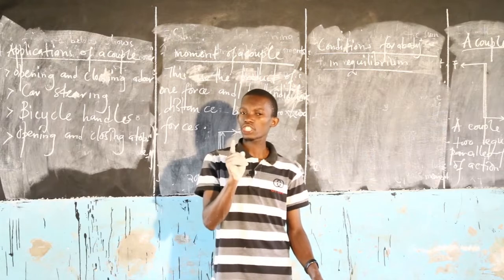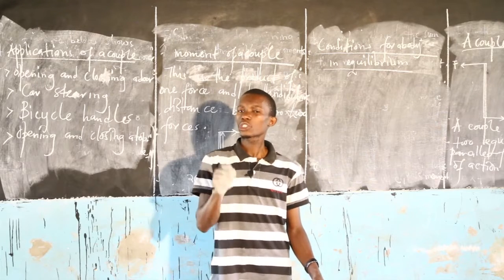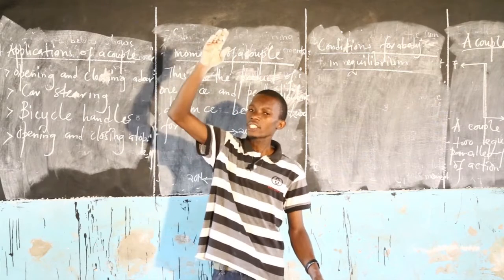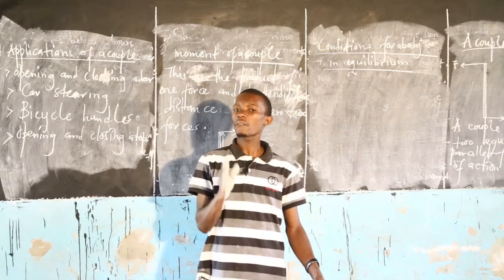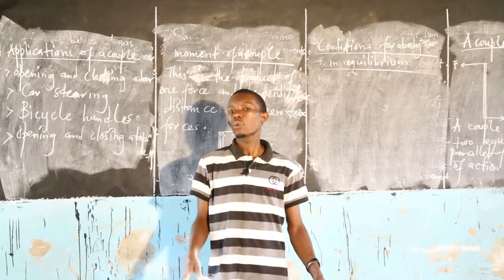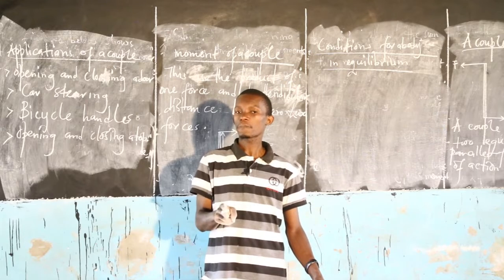That is the first condition. Another condition is that the sum of forces in one direction is equal to the sum of forces in the opposite direction. We are going to get to know those two conditions.